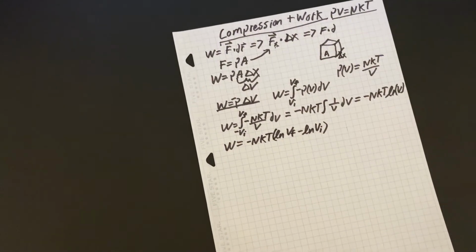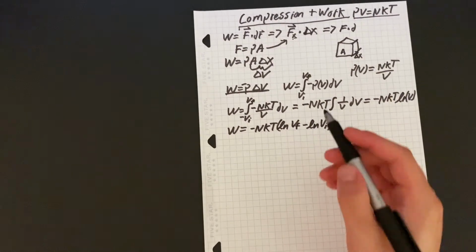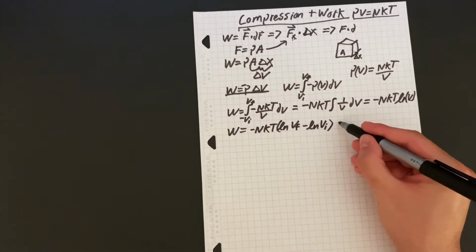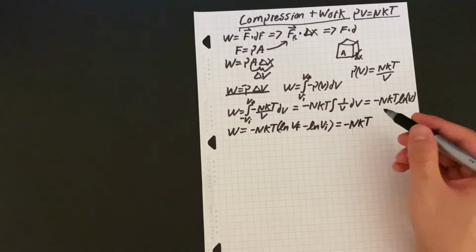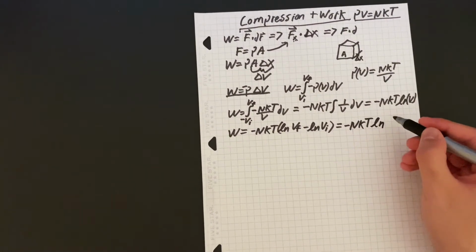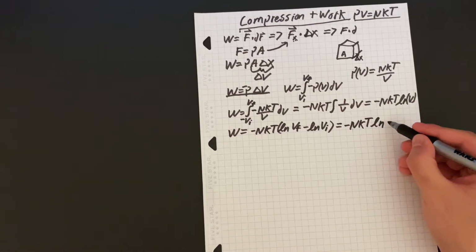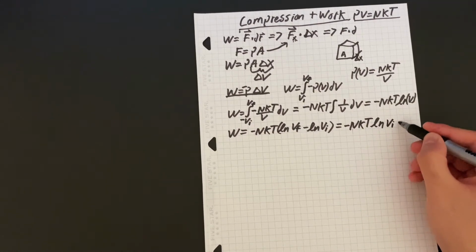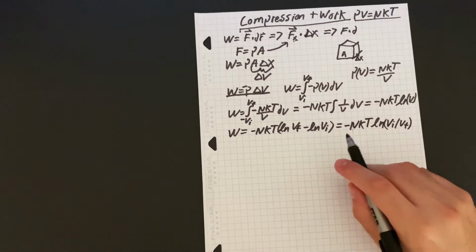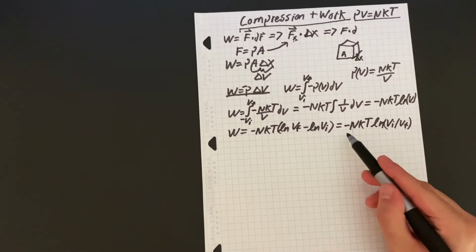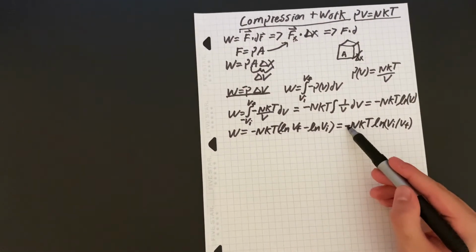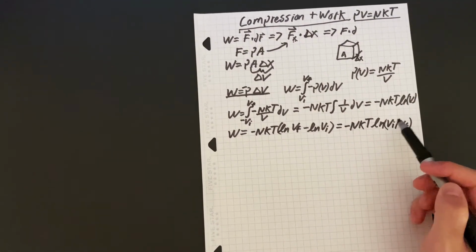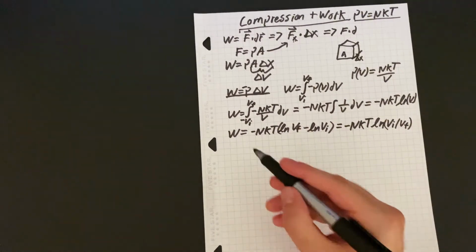Now using log properties, we can just combine these two logs, can't we? So minus n k t natural log of v initial over v final. And now we can even take it one more step farther with our log properties. Pull this negative over here, and this just puts in the reciprocal of the natural log.